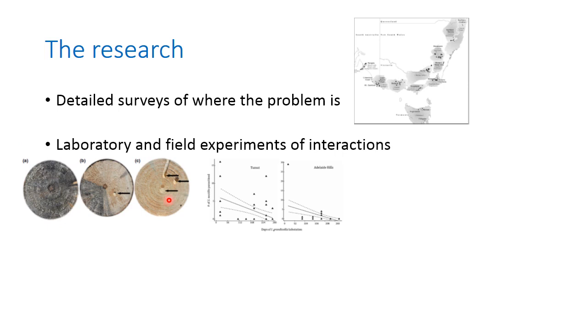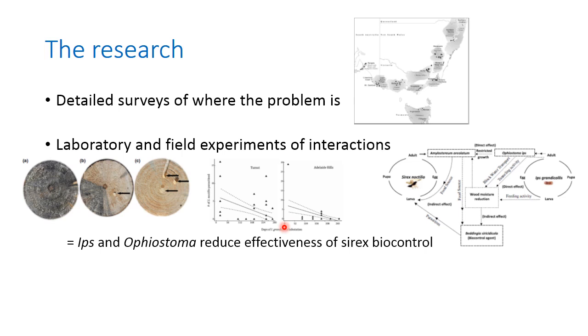We also found that Ips attack deters Sirex oviposition, and that Ips attack in trees reduces the amount of Sirex that emerges from trap trees, but also reduces the overall parasitism coming out of those trees. And so this work illustrated that Ips and Ophiostoma do actually reduce the effectiveness of the Sirex biocontrol program.